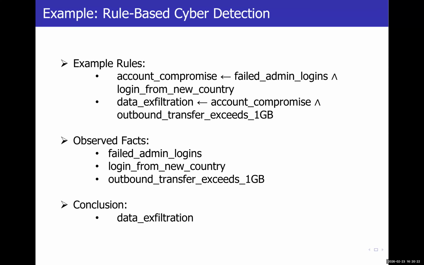Now assume the system observes failed admin logins, a login from a new country, and a large outbound transfer. Using forward reasoning, the system first derives account compromise. Then it derives data exfiltration. And this is exactly how rule-based detection systems escalate alerts in practice.